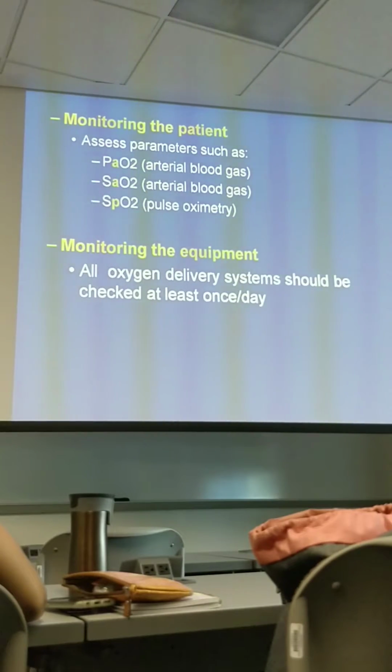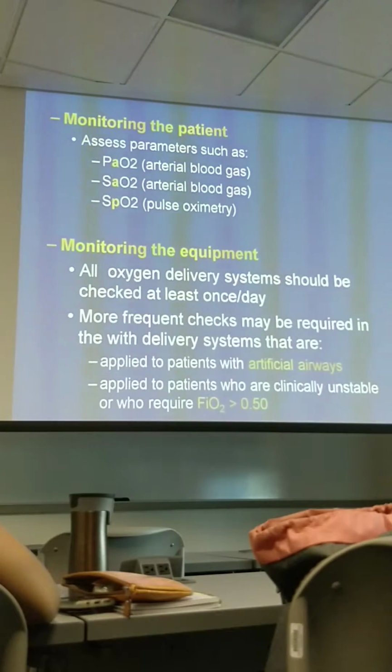That's normal. And it gives you an arterial PO2 of 80 to 100. If something's not working right, a small area of the lung has pneumonia or has atelectasis, your oxygen levels will be negatively impacted, okay? So, artificial airways and greater than 50%, you monitor more frequently.